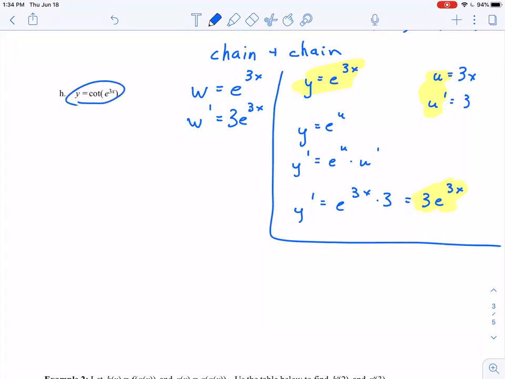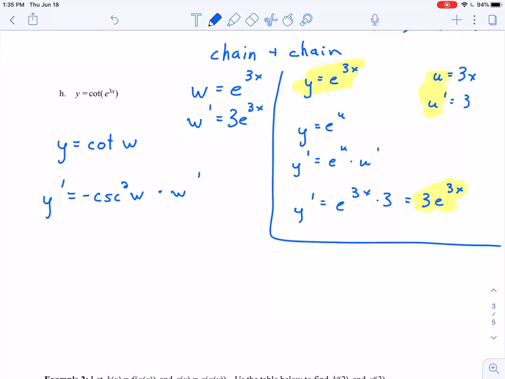If I go over here and make my substitution now, y is equal to cotangent of W. So y prime, I know how to take the derivative of cotangent, oh boy, I'm blanking, derivative of tangent is secant squared, so derivative of cotangent is opposite cosecant squared W. But we're doing a chain rule here, so we need to multiply by W prime.